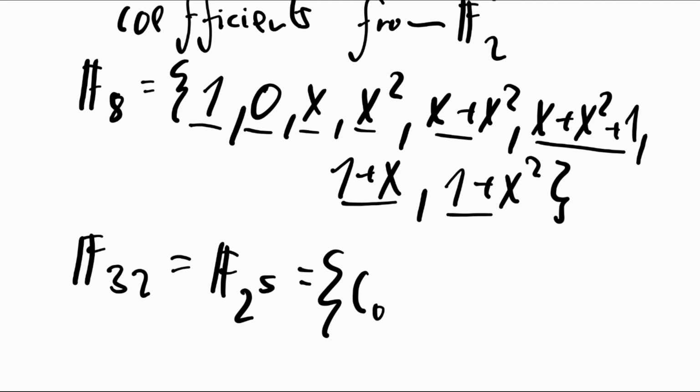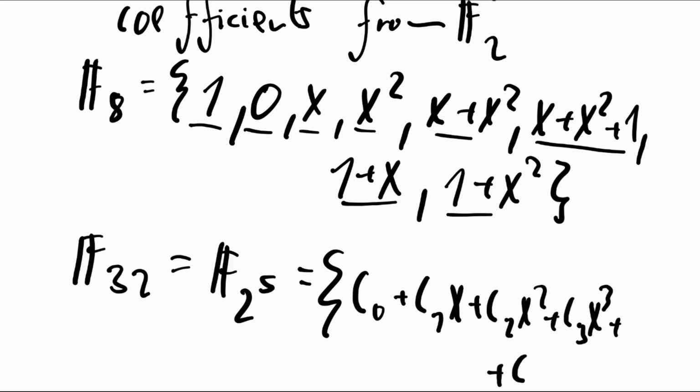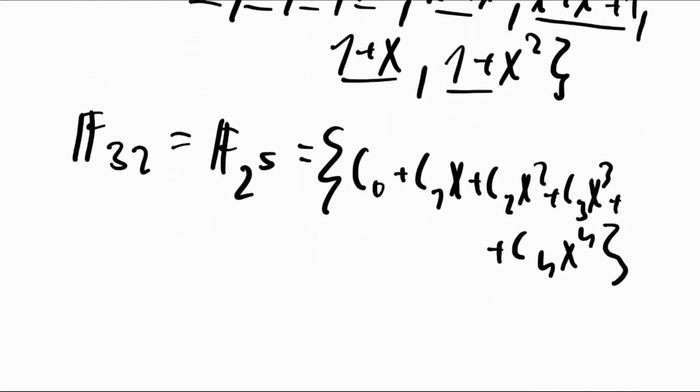Here again, we will have c0 until c4. So that's 5 coefficients, and we have them like this. So c2x squared, c3x cubed, c4x to the fourth.